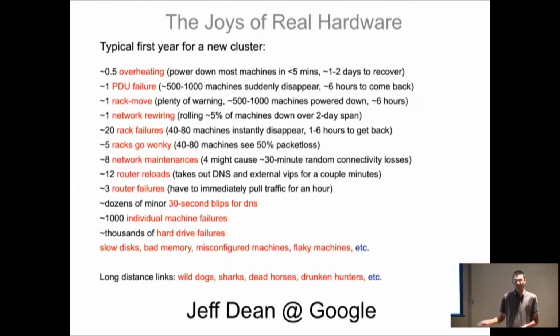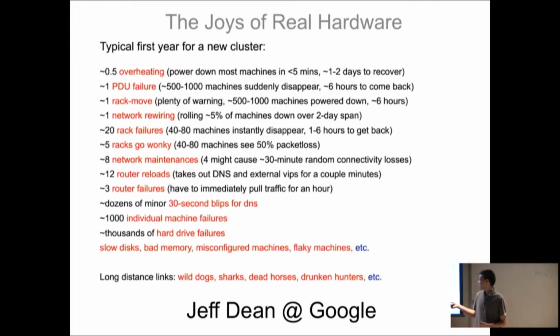And these are not isolated events. This is from a slide from Jeff Dean at Google, and he estimates the number of failures that happen when you first bring up a data center. The interesting numbers here are things like, without warning, 500 to 1,000 machines will disappear and take 6 hours to come back. The reason for this is that some power unit somewhere in the data center fails, right?